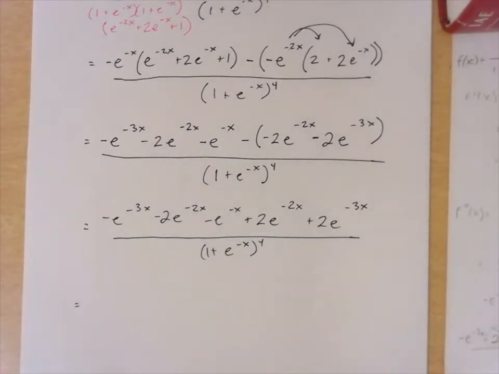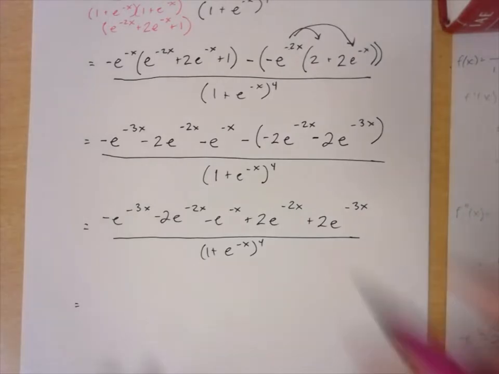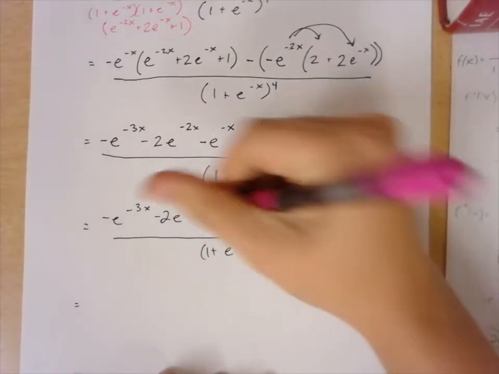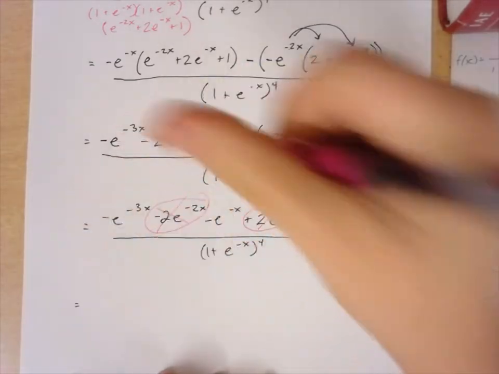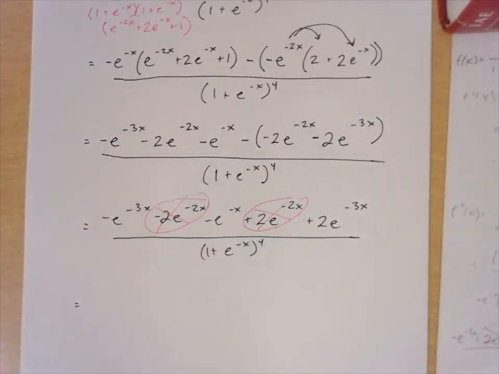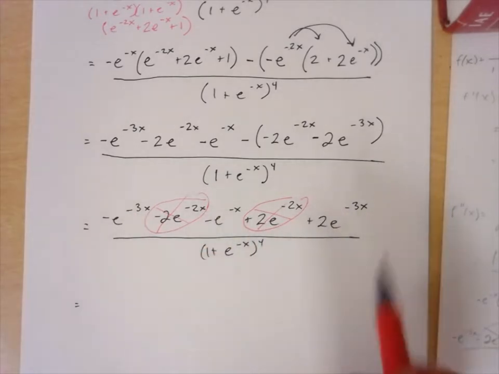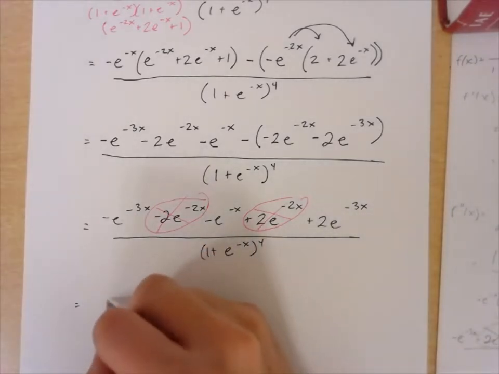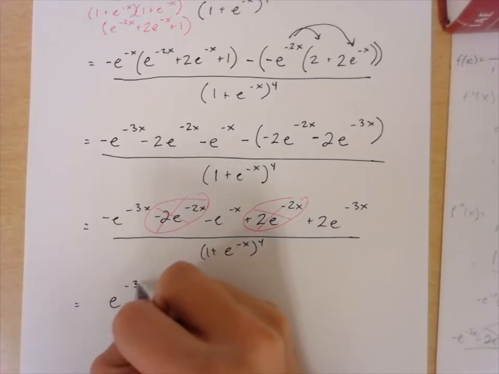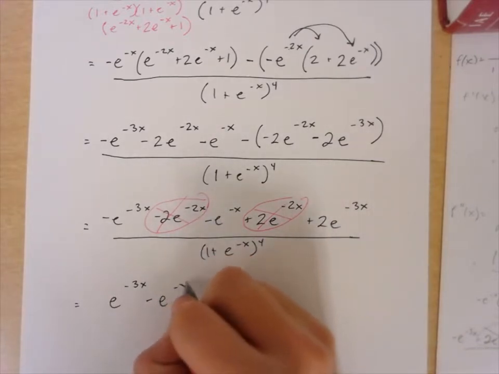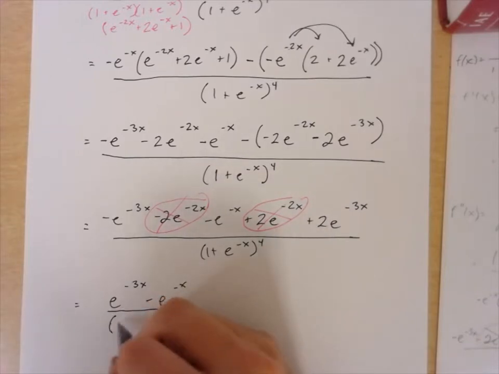And now, so close. What we do is we cancel out the things that are the same, and we combine everything else. So, a 2 minus a 1 for the same power there is going to be 1e to the negative 3x. Those two cancel. And then I have this minus e to the negative x all over 1 plus e to the negative x to the 4th.